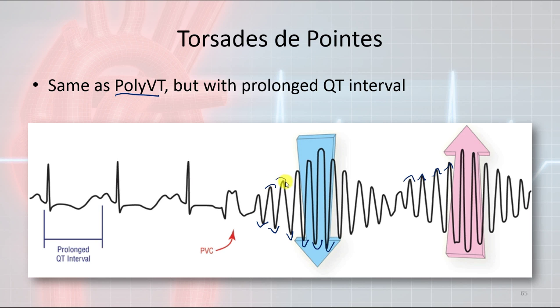So here you have kind of a rounding of the QRS, and then the points are now twisting this way, which means now you have kind of a rounding going down here while the points are up here. That is the twisting of points, or the torsades. Just understand that torsades is a specific polymorphic VTach. You can have a polymorphic VTach but not be in torsades.